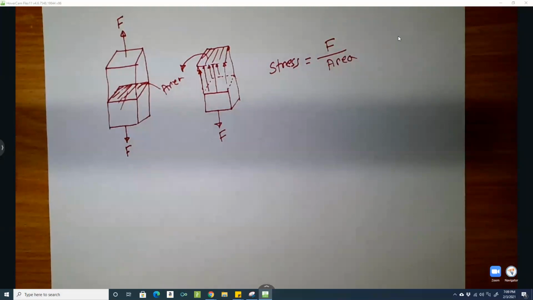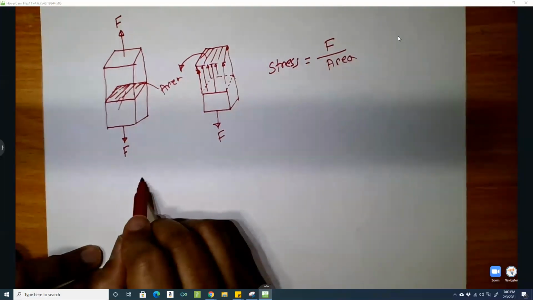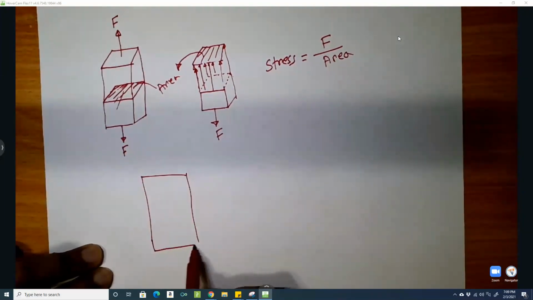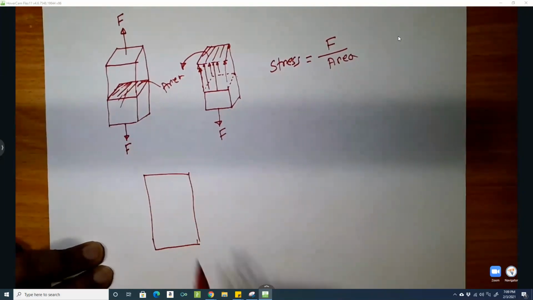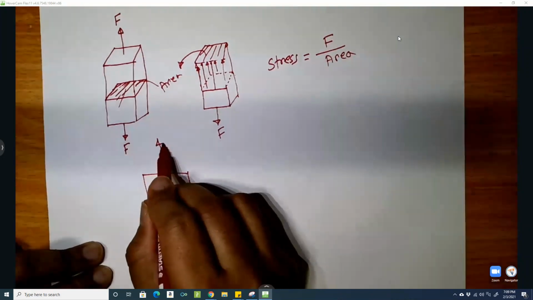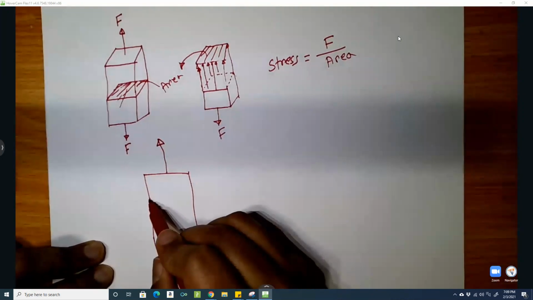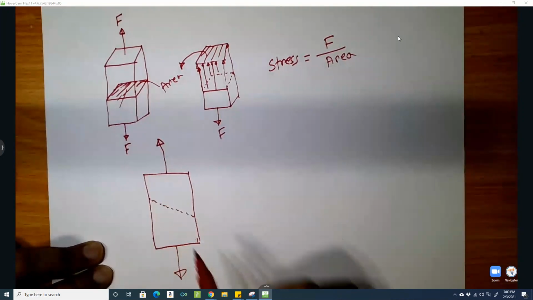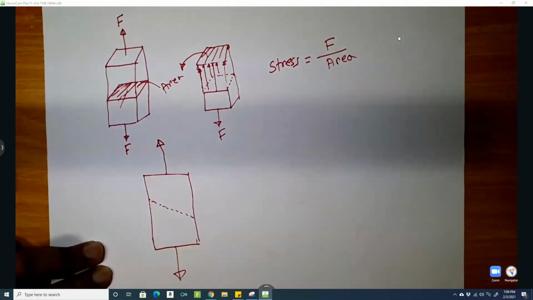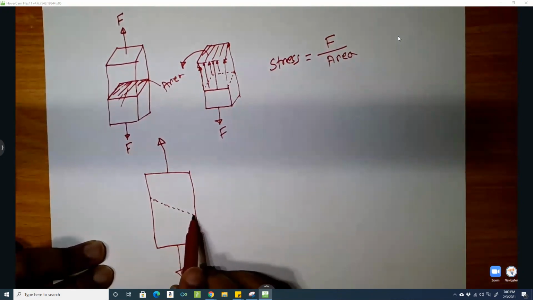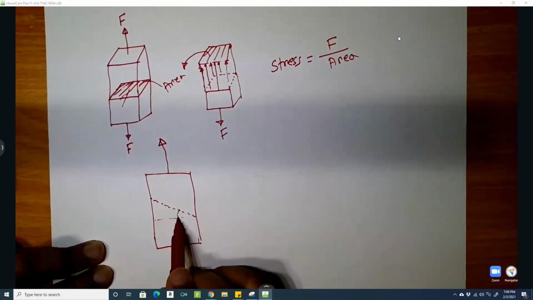Now next, consider a 2D object. I applied force on both ends, and let's cut this object with a plane theta.